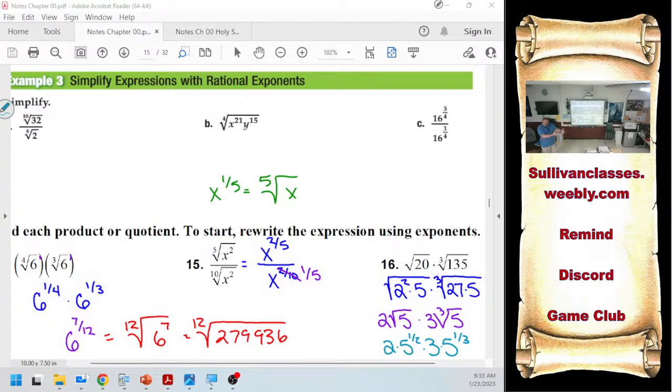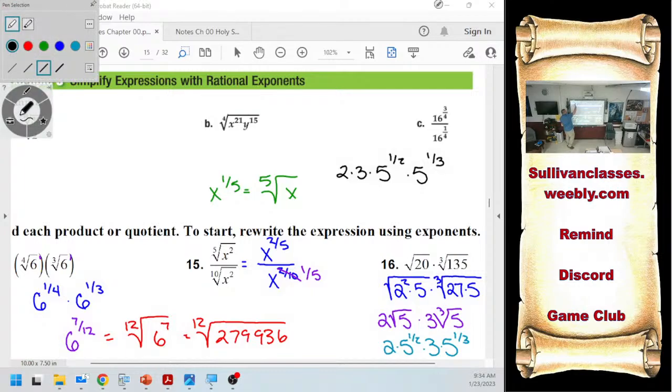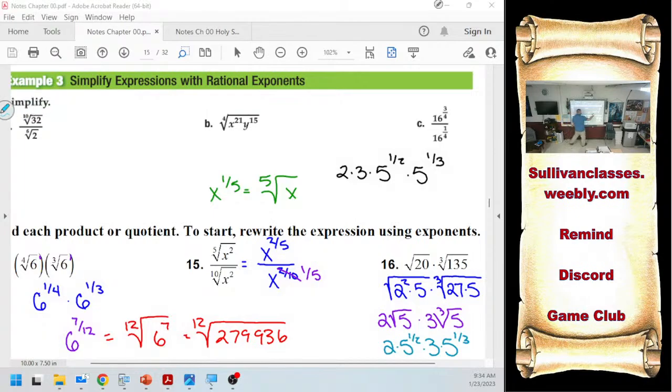Because the 2 and the 3 come out of radical town, and multiplication is commutative, I could now write that as 2 times 3 times 5 to the 1/2, 5 to the 1/3. What's outside of radical land stays out of radical land. 2 times 3 is 6. What's inside of radical land stays in radical land.